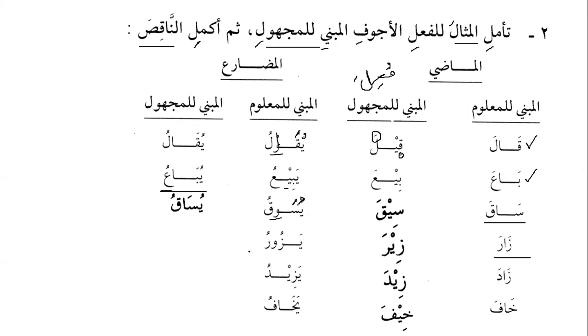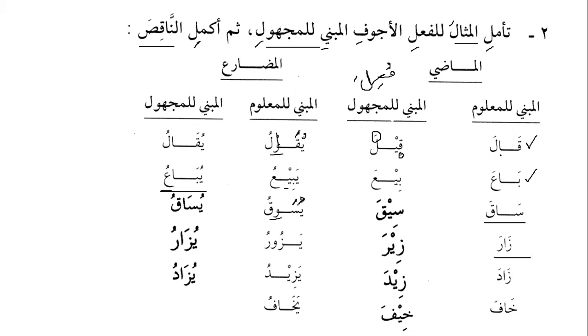Yazuru, he visits; yuzaru, he is visited or it is visited. Yazidu, he increases; yuzadu, it is increased. Yakhafu, he fears; yukhafu. Now here, the rule that we have seen is not applicable.